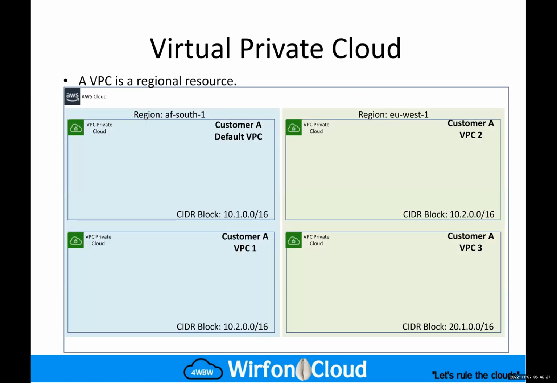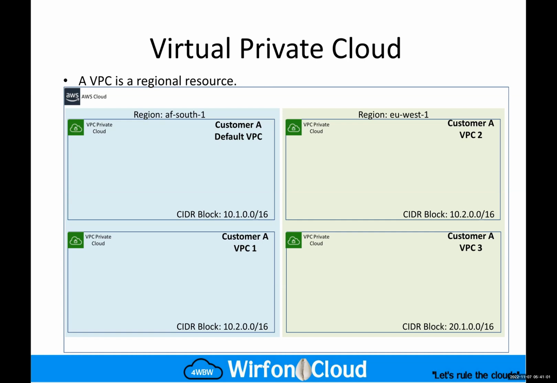So I show a diagram here to express what I just said. Again, as emphasis, a VPC is a regional resource. It is created within a region, so it does not span across several AWS regions. I've shown on the diagram AF South, this is Africa South, the region of AWS whose data center is located in South Africa.